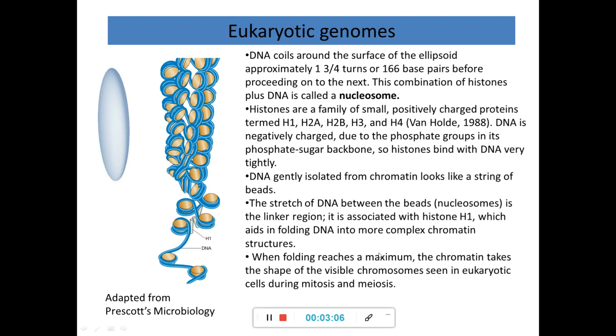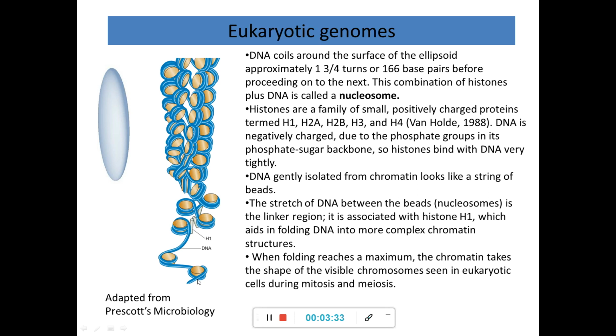Okay, come to the base level of DNA. Every strand of DNA is found associated with certain proteins called histones. Histones are a family of small positively charged proteins mainly called H1, H2A, H2B, H3 and H4.